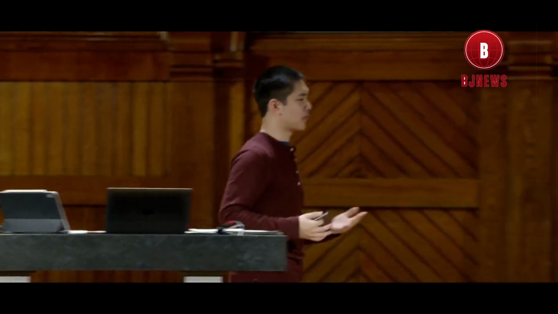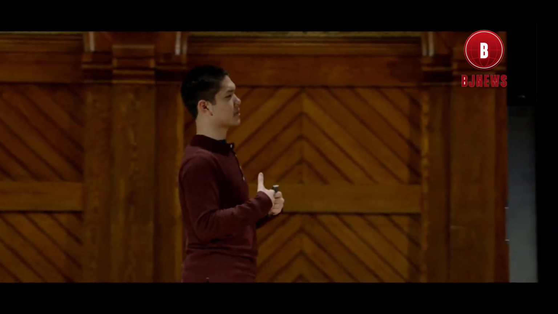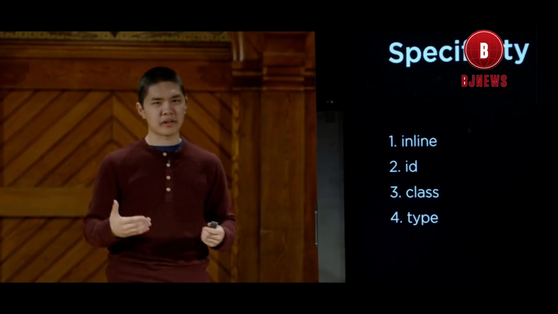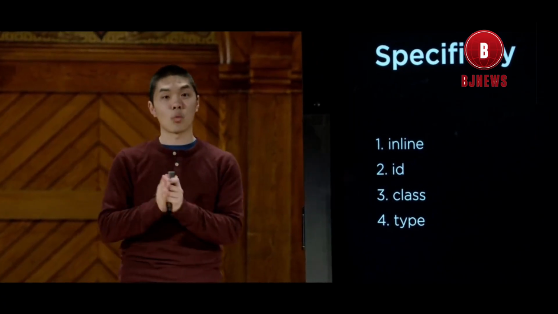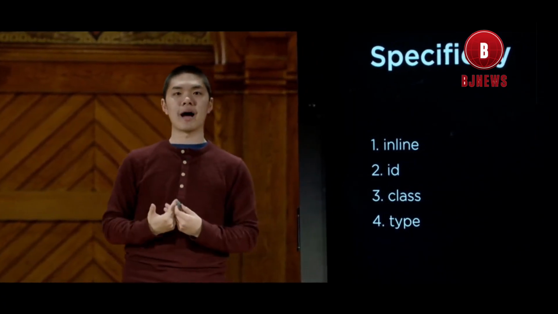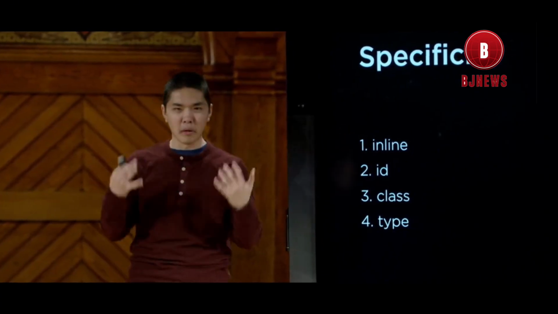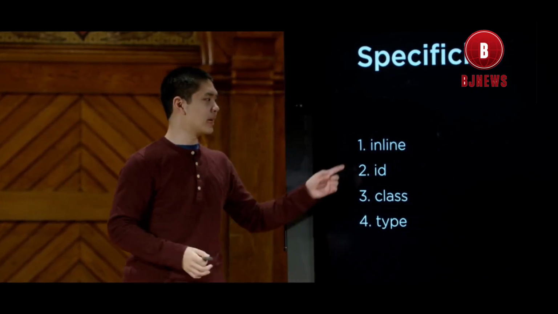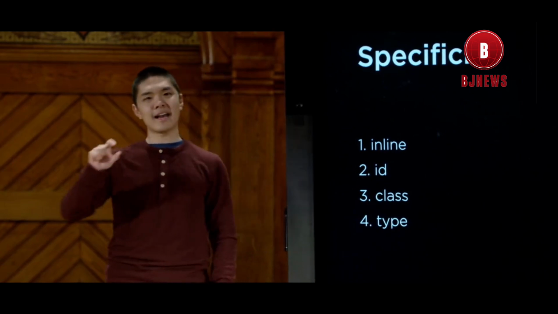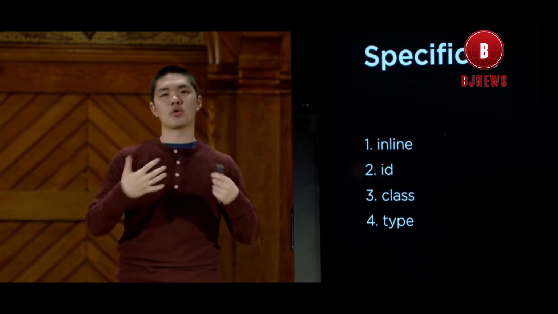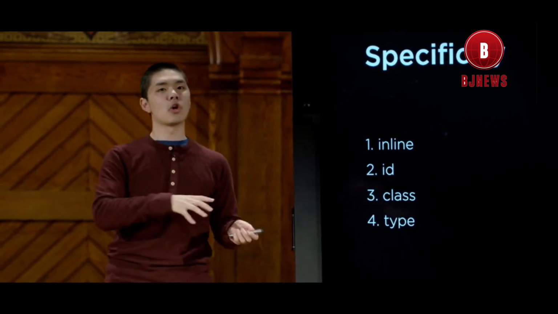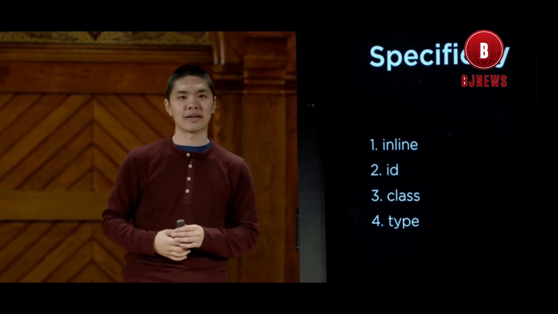So when we deal with specificity, specificity goes in a particular order. There's an order of precedence that we can follow for determining what style should ultimately be applied to any particular element. The first, most powerful, most specific way of referencing an element is inline styling, literally adding a style equals attribute to our HTML elements the way we did way at the beginning when we were first taking a look at CSS.